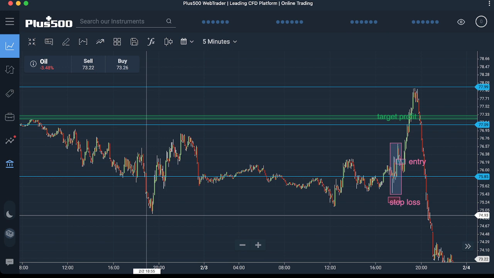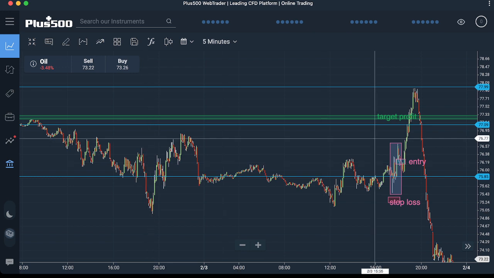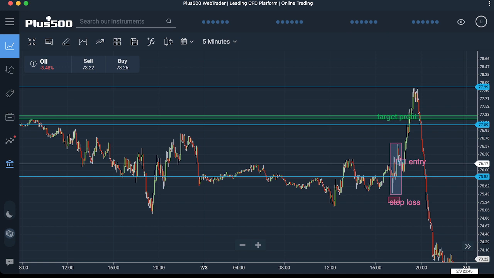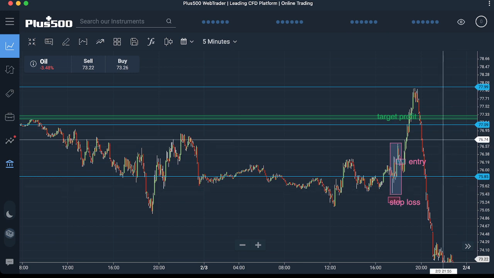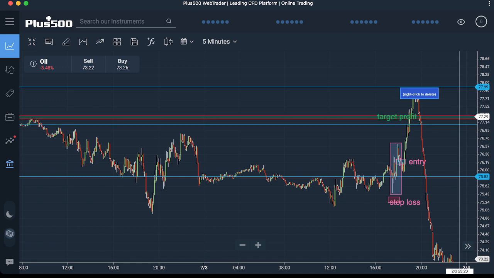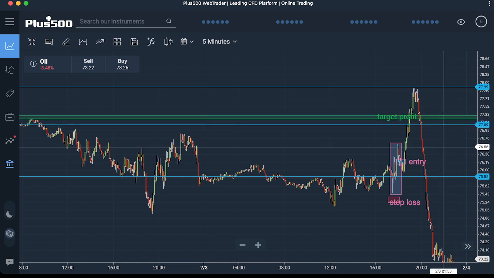But anyhow, based on the strategy B, you could catch the buy side trade, and this was a successful profitable trade. Entry at around 76.10 and a stop loss at 75.45, and then target profit could be at 77.32 level.